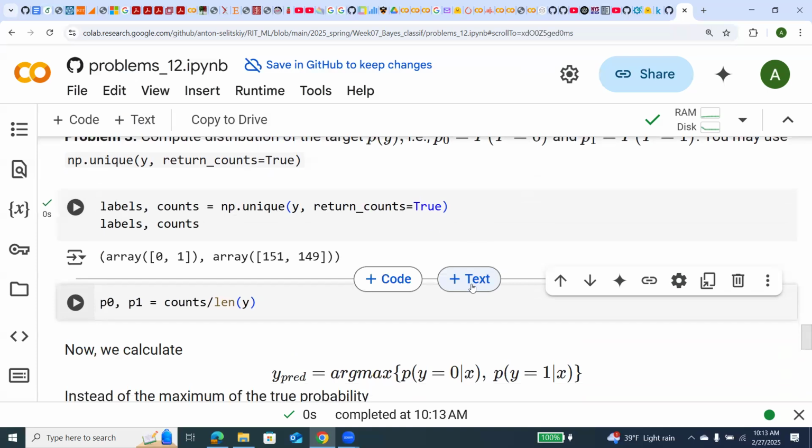And to get the probability, you should just divide the counts by the total number of the points. And this is how you can calculate P of y.